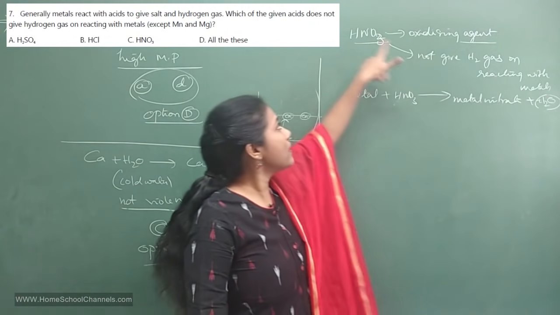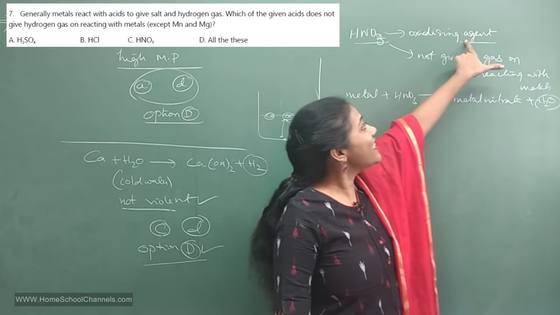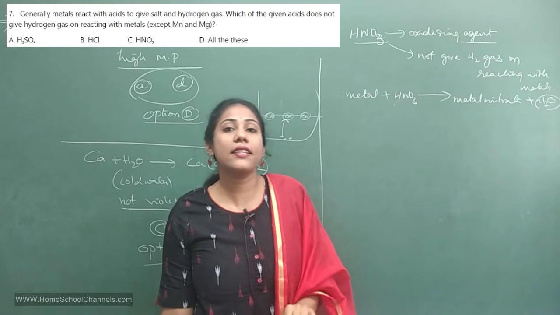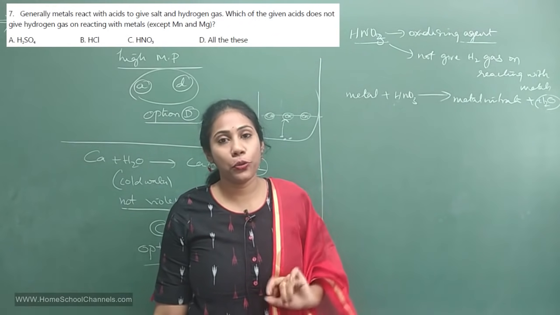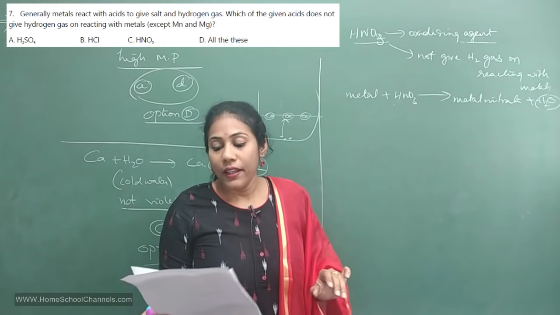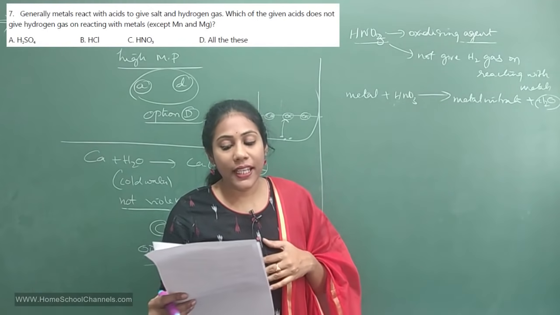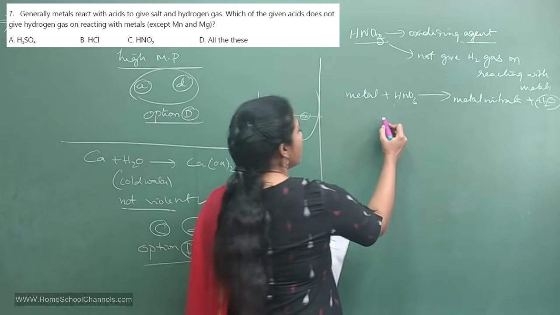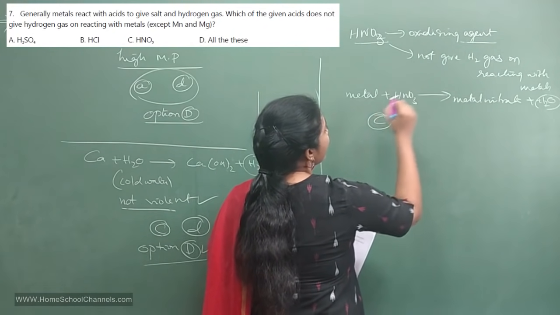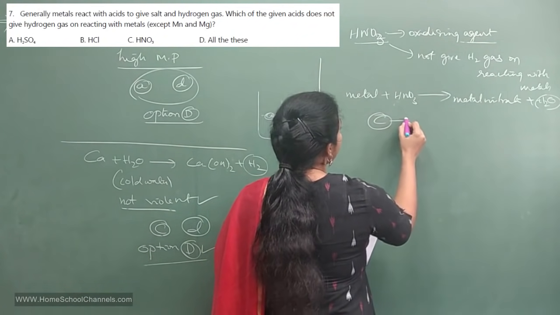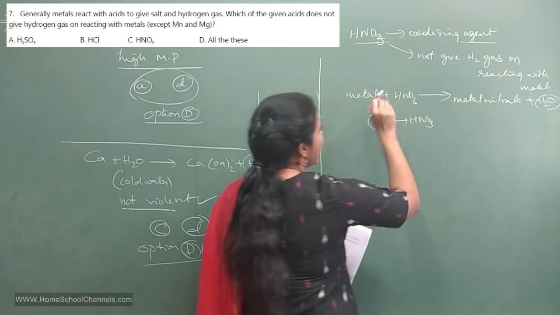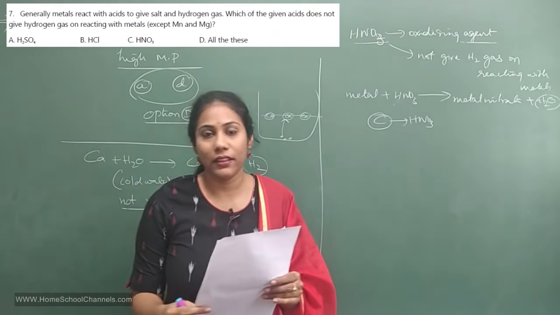It is because HNO3 is the best oxidizing agent. It oxidizes H2 into H2O. So now can you all tell me the option? Option C, HNO3. It will not give hydrogen gas on reaction with metals.